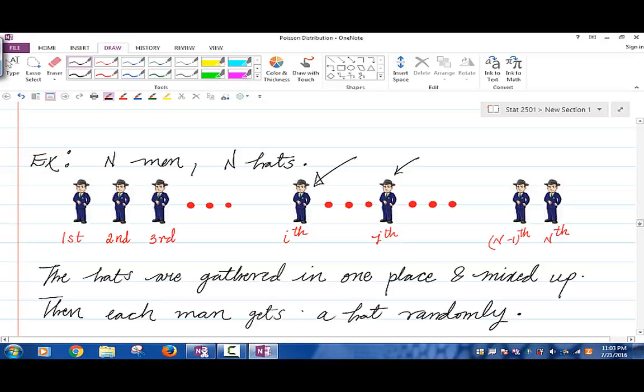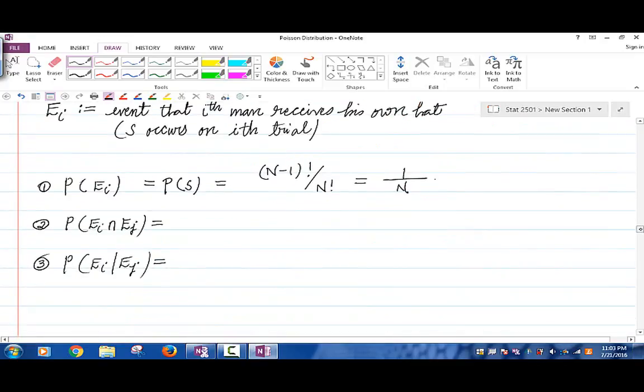Well, the remaining n minus 2 hats can be arranged in any order. So the probability is n minus 2 factorial divided by n factorial. This is equal to n minus 2 factorial over n times n minus 1 times n minus 2 factorial, which is 1 over n times n minus 1.